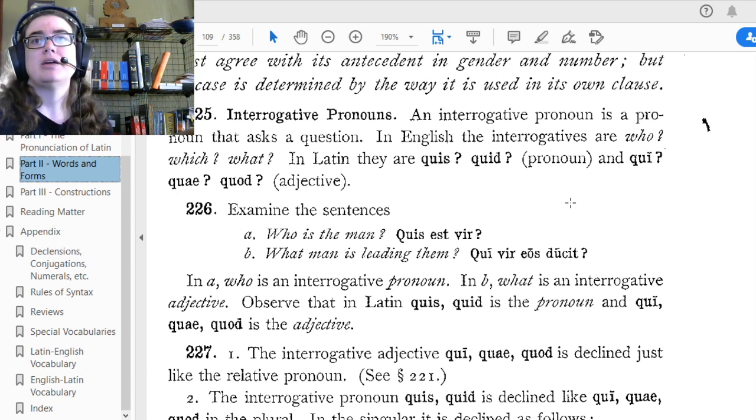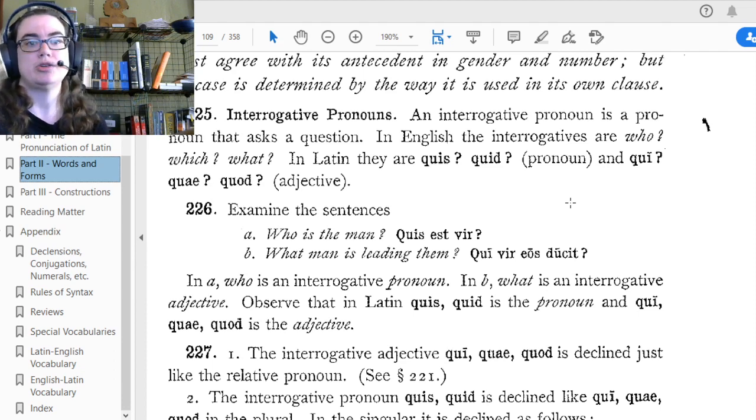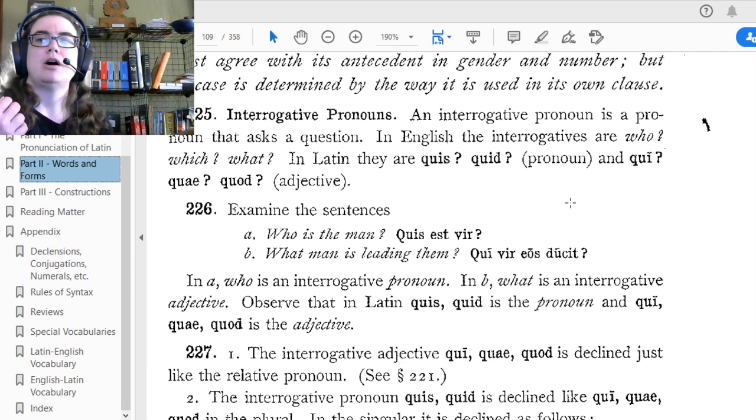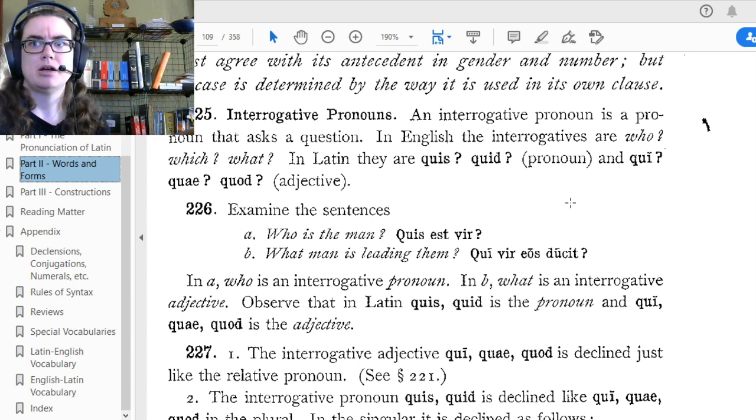But if you had never seen a book before, because you're a Roman and you're only used to scrolls, you would say, what is that? You don't even know how to describe what you're looking at. What is it? So we'd use quid est, what is it, instead of qui liber est, what book is that?